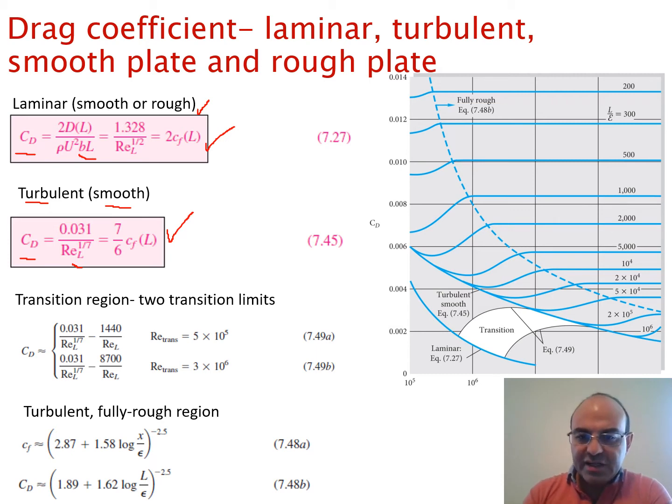If you look at this diagram here, this is similar to the Moody diagram in pipe flow. We have CD on the y-axis, and on the x-axis is the Reynolds number, which is unfortunately covered up, but it runs 10 to the 5, 10 to the 6, 10 to the 7, 10 to the 8, 10 to the 9.